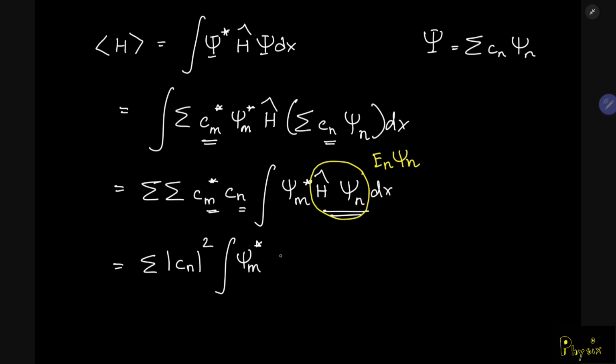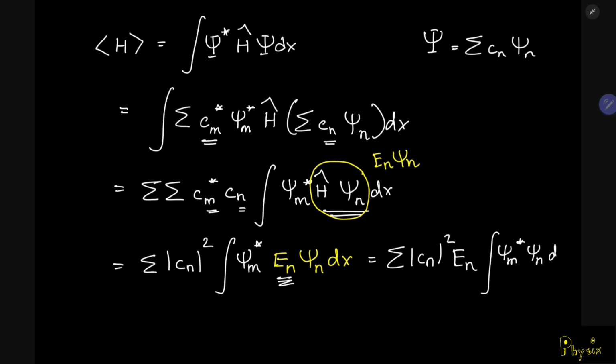So we can write this down as E_n psi_n dx. And then we can pull out the E_n outside, and we have the integral of psi_m star psi_n dx.